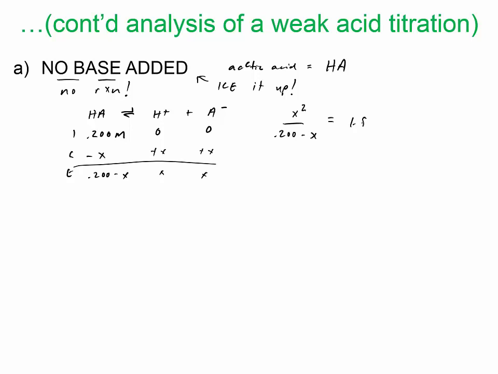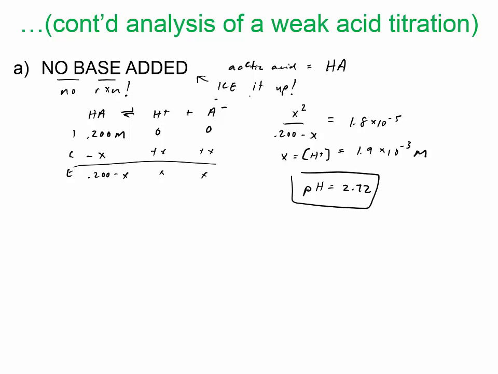The assumption rule should be perfectly fine here. So x equals the concentration of H+, and we get 1.9 times 10 to the negative third if we solve this out. Taking the negative log of that number, we get 2.72 for our pH. Okay, so that's point A. You use an ICE table on point A.